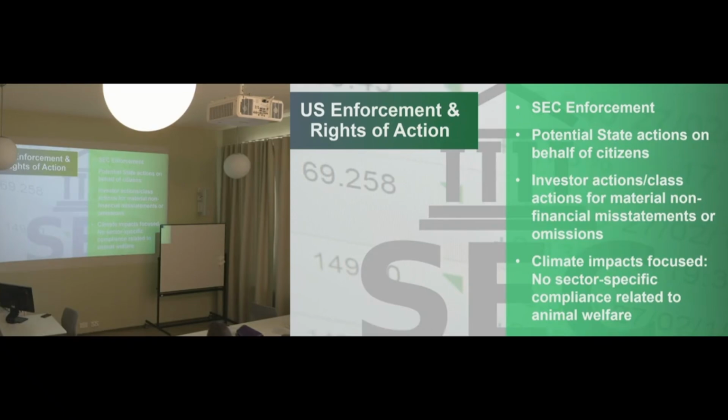Then there are investor actions and class actions for material non-financial disclosure misstatements or omissions. If an investor gets a prospectus or information on a website and thinks, okay, this is not what the company said it's doing and it doesn't line up, they can bring an investor lawsuit for that. And on climate impacts focus, we know that there's no sector-specific compliance related to animal welfare in the United States.